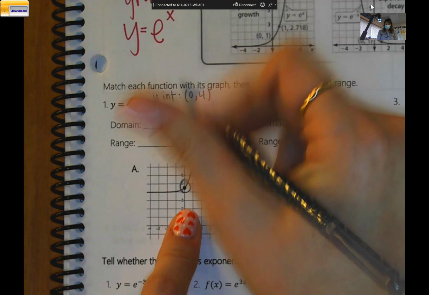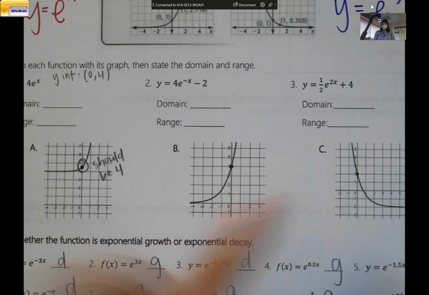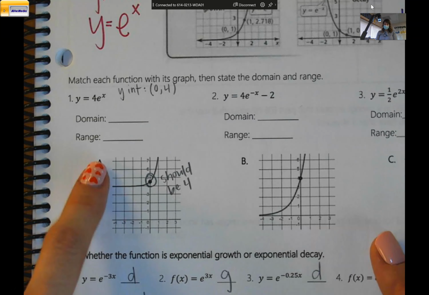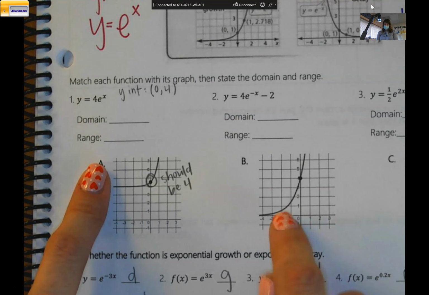So it could be A, it could be B, because that guy's going through 4 like it should. It cannot be C, because C goes through 2. So now between A and B, which one is it?